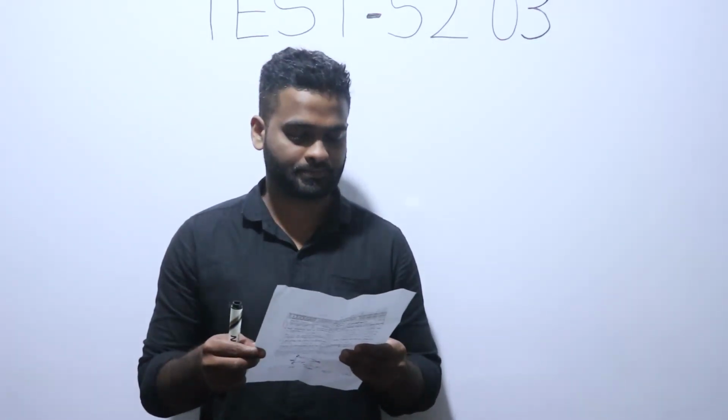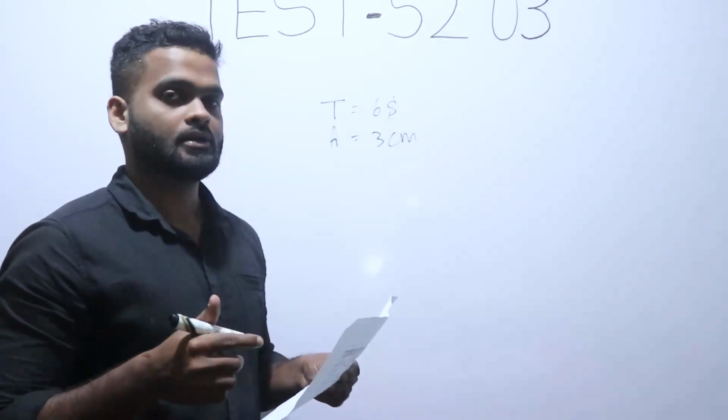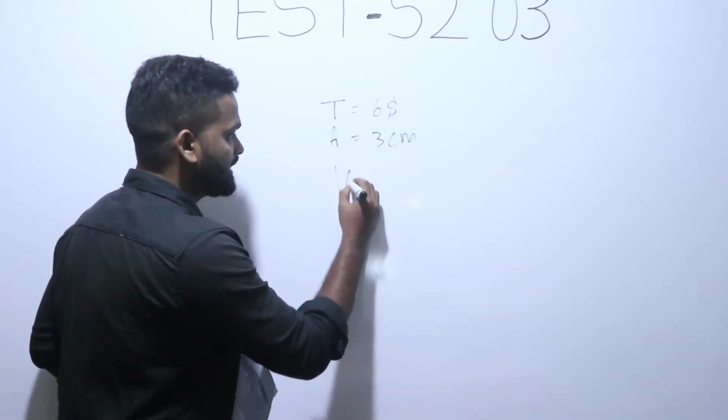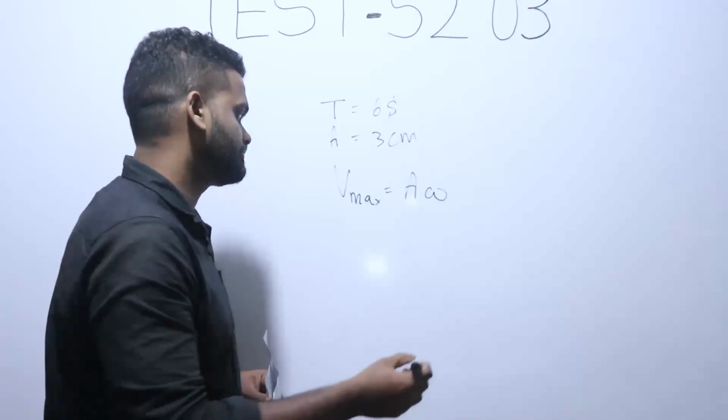Third question. An object in simple harmonic motion has a time period of 6 seconds, so capital T is 6 seconds, and an amplitude of 3 centimeters. Its maximum speed in centimeters per second is? You should remember the equation for maximum speed: V max is equal to amplitude times omega.